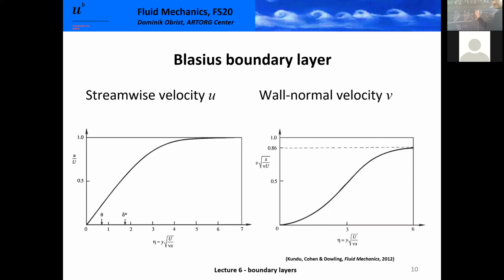Otherwise, you could not get the boundary layers thicker. So you need some rearrangement also in the wall normal direction. This is why you have a non-zero wall normal velocity in the Blasius boundary layer.